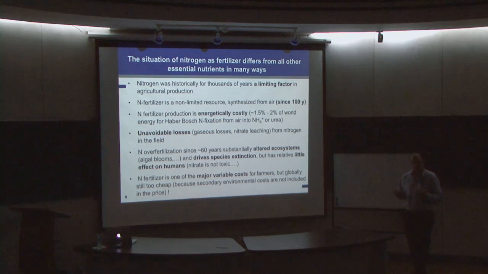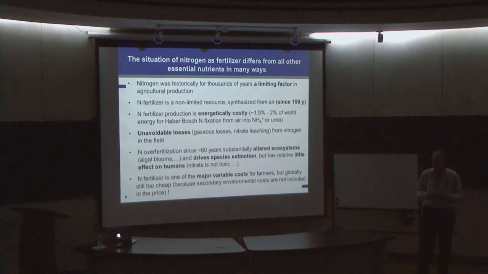And this situation that we have nowadays, since 60, 70 years in practice, and principally this Haber-Bosch process for the synthesis of nitrogen fertilizer from air, we have since about 100 years. This contrasts the situation that plants and crops were exposed to for historical times during evolution.